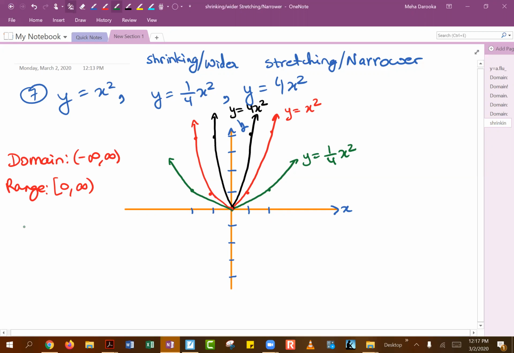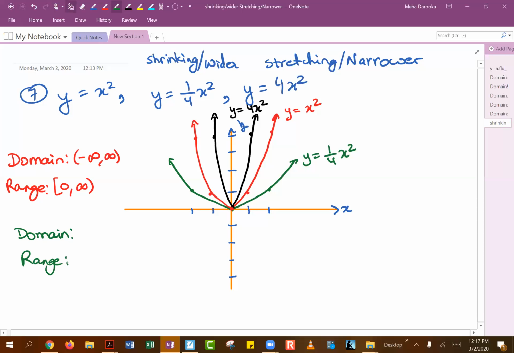Now let's talk about the 1/4 x squared function, which is the green function. What's happening to your domain and range? Yeah, because you're not really moving your graph left and right, which in this case wouldn't make a difference.